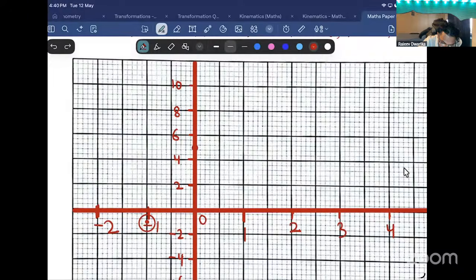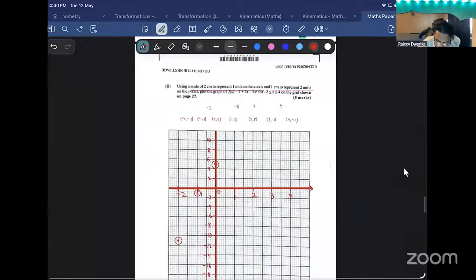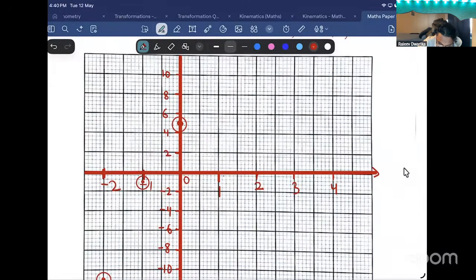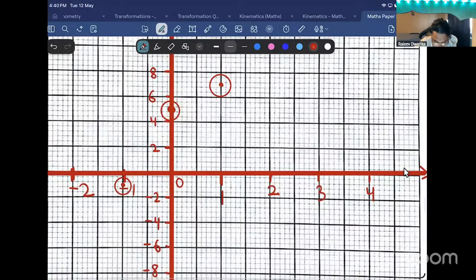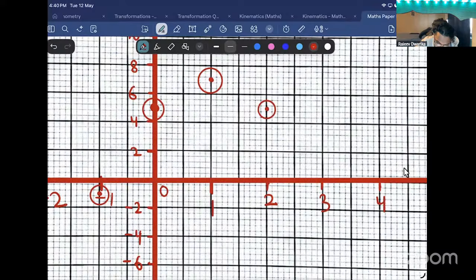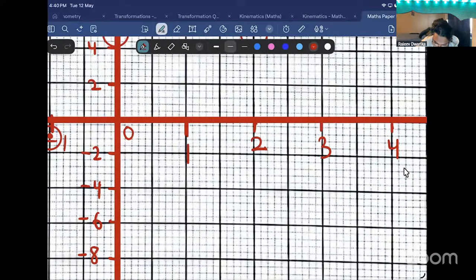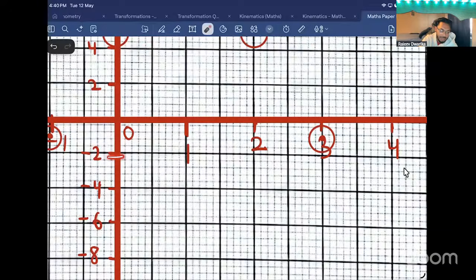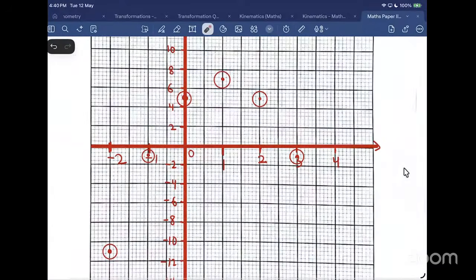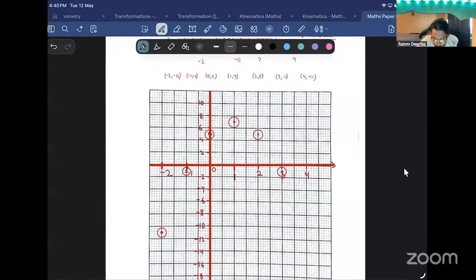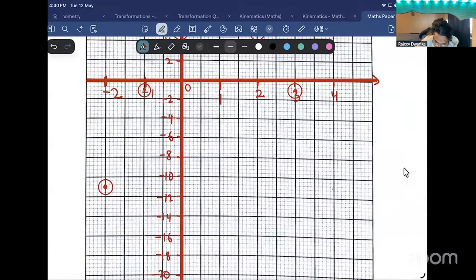Then we have (1, 7). (1, 7) is going to be here. (2, 5) is going to be right here. (3, -1) is going to be right here. I'm not getting confused by that, right? 1 centimeter is 2 units, so half would be 1. Okay. Then (4, -11) is going to be over here, in between the -10 and the -12.